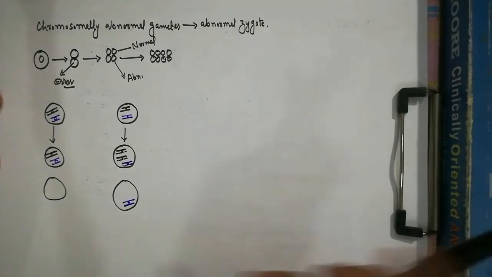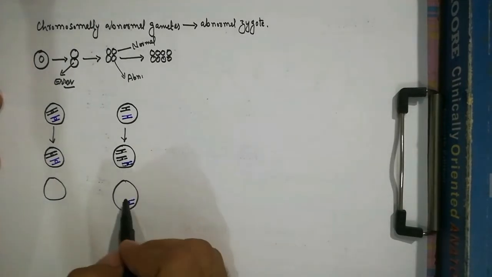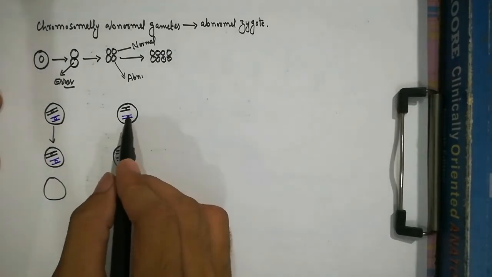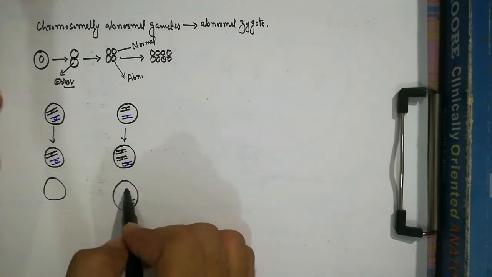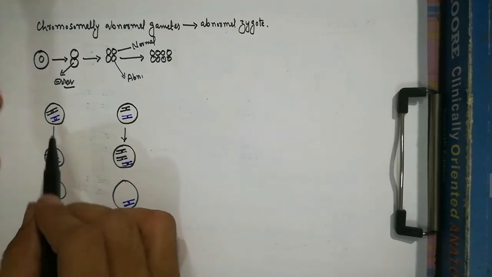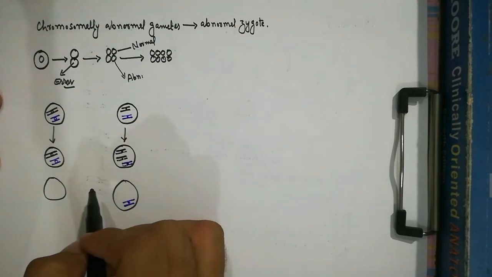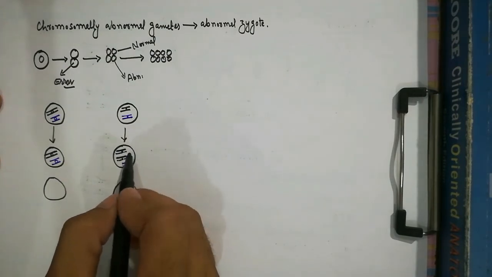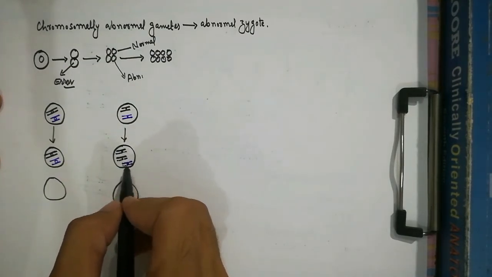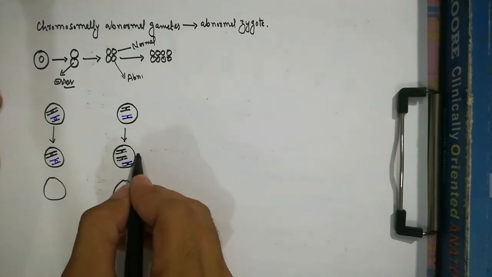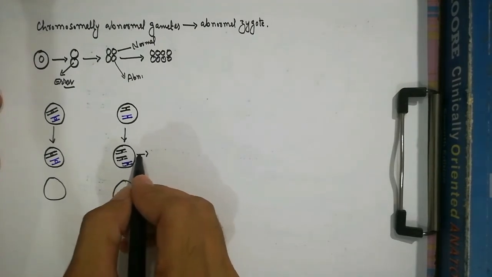This is mitotic non-disjunction in which sister chromatids fail to separate. In meiotic non-disjunction, homologous chromosomes fail to separate. Here there are 3 chromosomes at this pair, means mitotic non-disjunction.